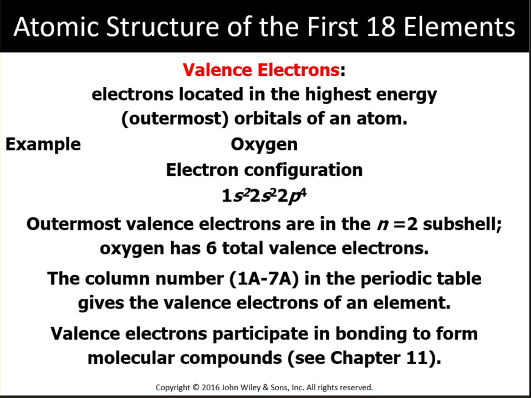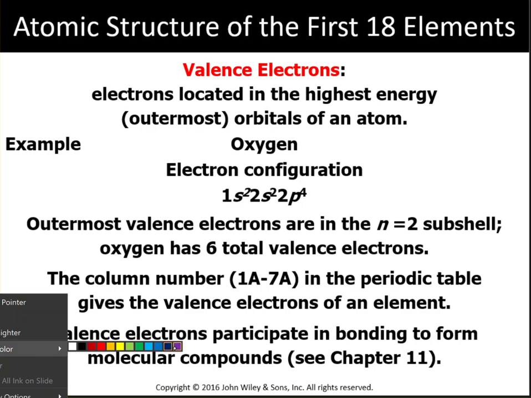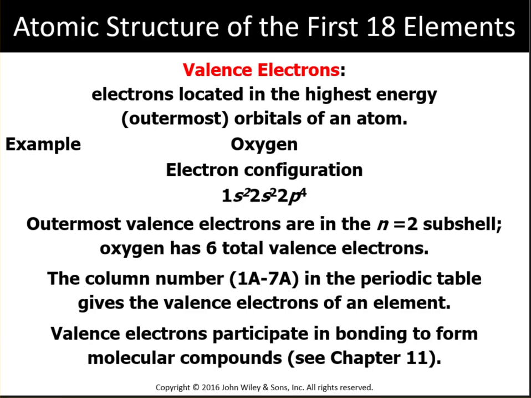So for example, here this is the electron configuration of oxygen, 1s2, 2s2, 2p4. So valence electrons are the electrons in the outermost orbital. So the highest energy level are 2s and 2p. So these are the outermost orbitals, or we call them valence shell.